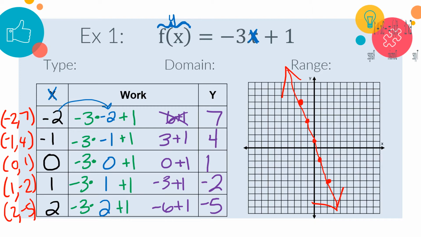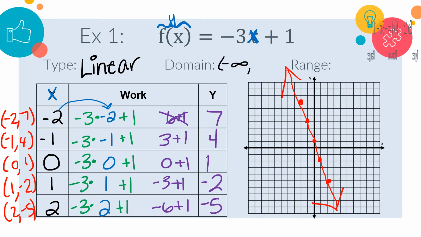Okay. Next, you'll notice we have some questions up top. What type is this? This is linear. It means what kind of graph, what type of function did we create? So most of these are going to be linear, as I said. Domain, how far left does that line go? It goes forever left.